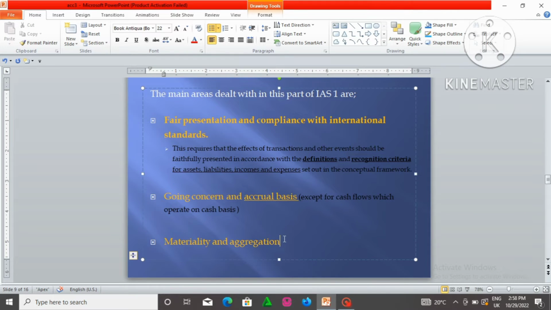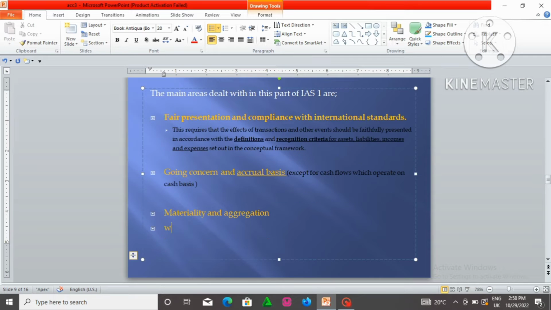And then we have materiality and aggregation. So what is materiality? An item is considered to be material if the omission of this item or the misstatement of this item can actually influence the user's decision. For example, if somebody records a different figure of the assets, can this influence your decision as a user if you read a different figure?